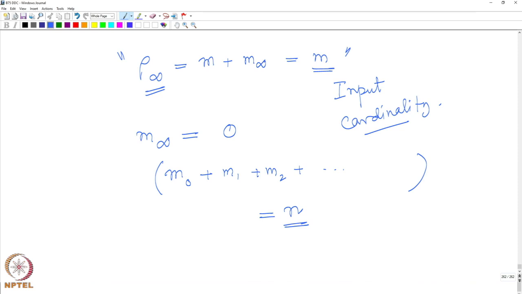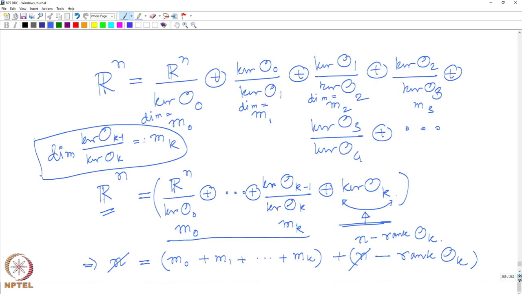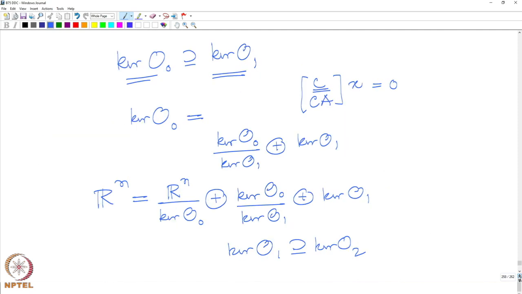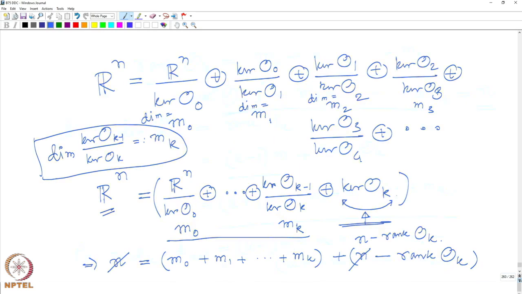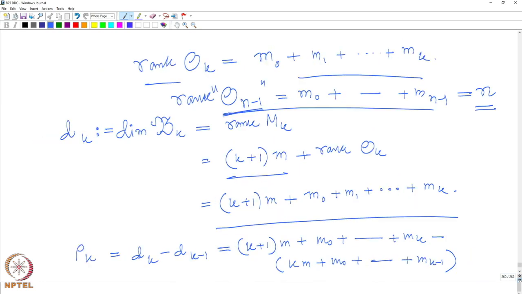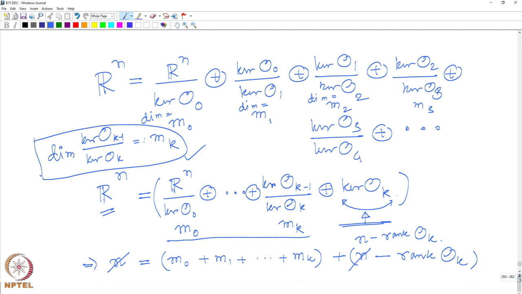Okay. All right. So this is what I wanted to get through, that if you look closely at these numbers, they also have some expressions. They can be understood in terms of a state space representation, and in terms of the state space representation, it turns out that first we have this fantastic property that the rank of O k is given by this number, where these numbers are defined as before. Where did I define? Yeah, here.